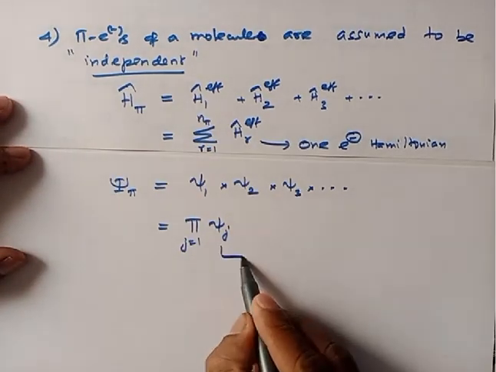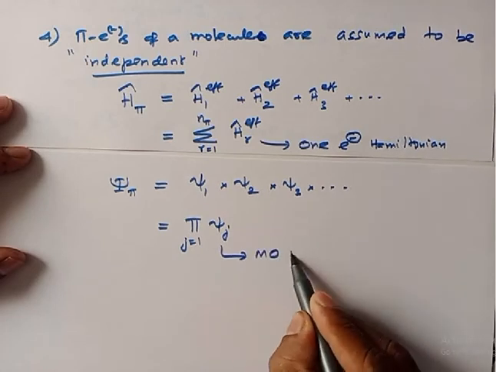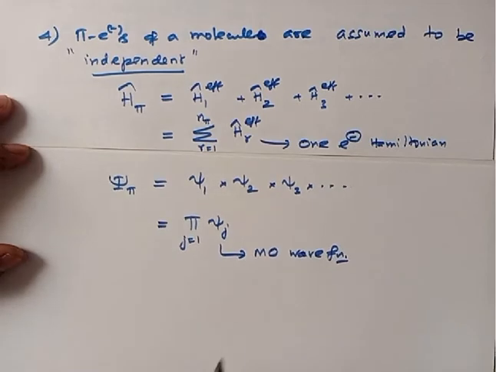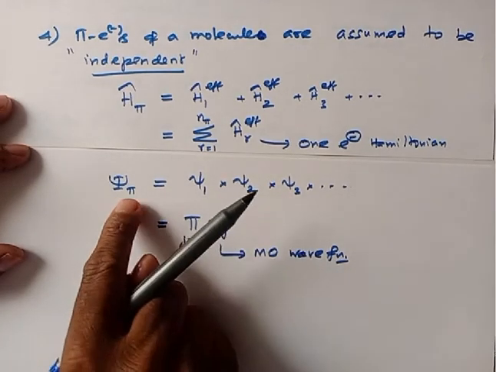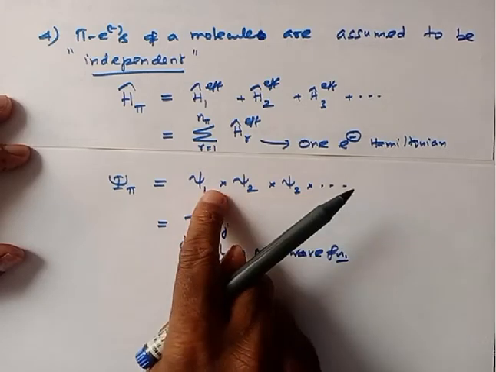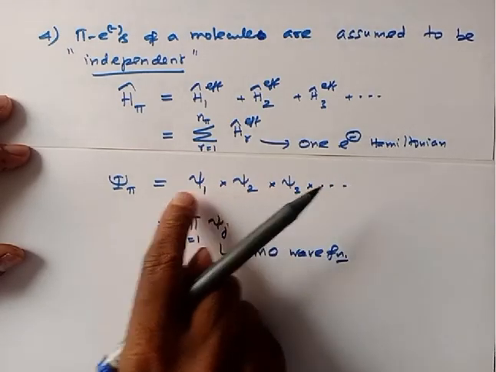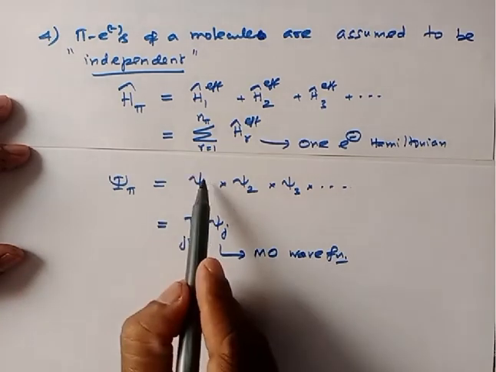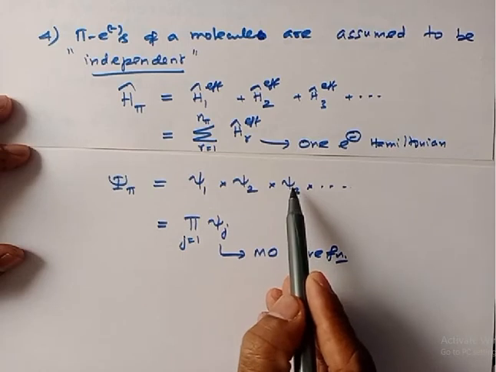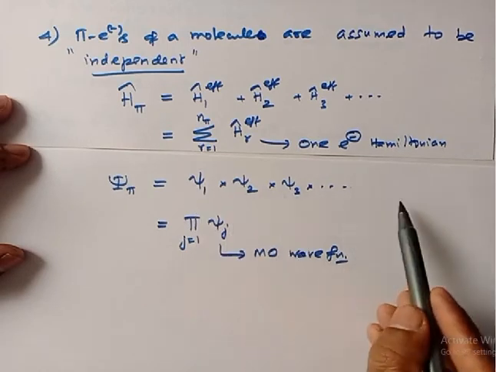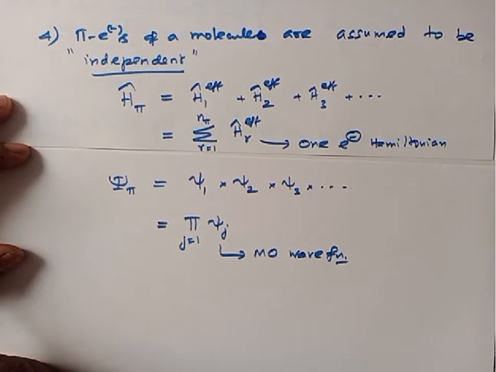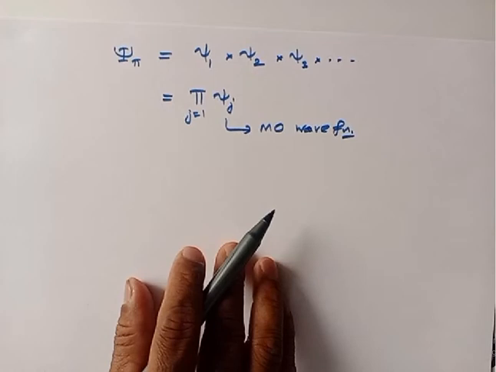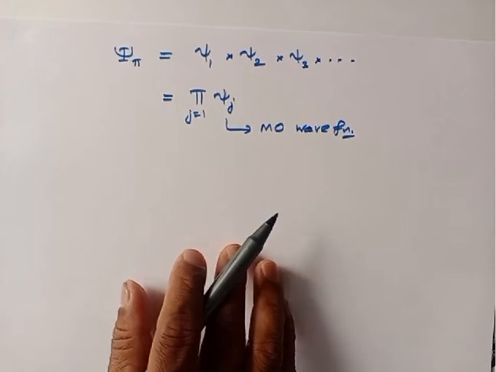So psi j is called the molecular orbital wave function. You can separate the one electron wave functions like this. The product of all the one electron wave functions is considered as the total wave function. This is for electron 1, this is for electron 2, this is for electron 3. If you multiply all this, I get the total wave function. So this is another important assumption that Huckel made here.